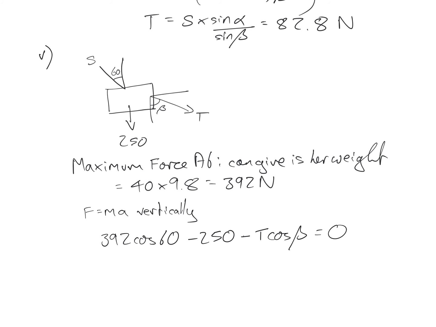So 392 cos 60 minus 250 gives minus 54. So we've got T cos beta equals minus 54.